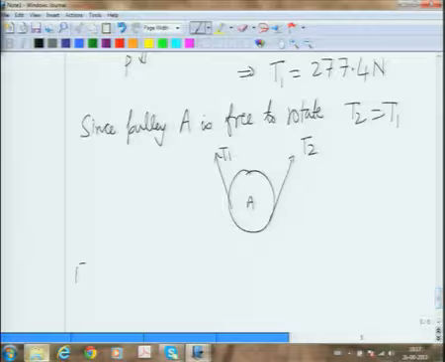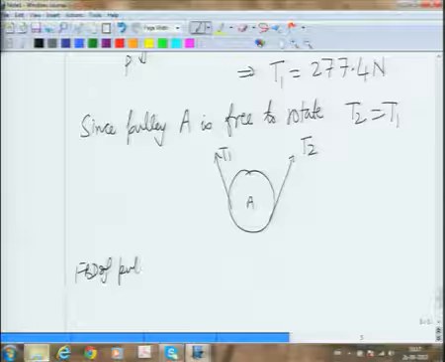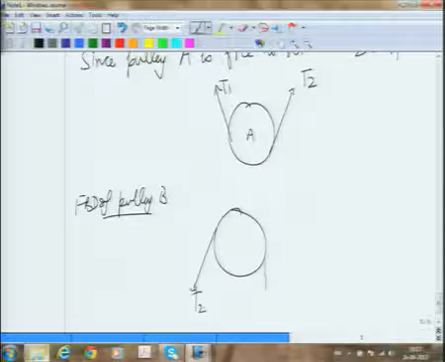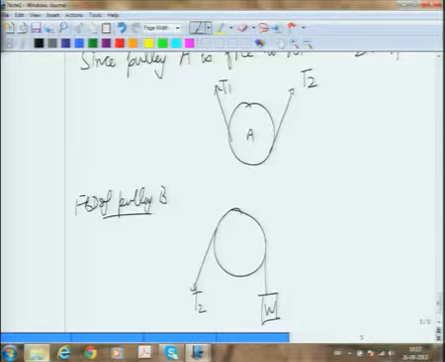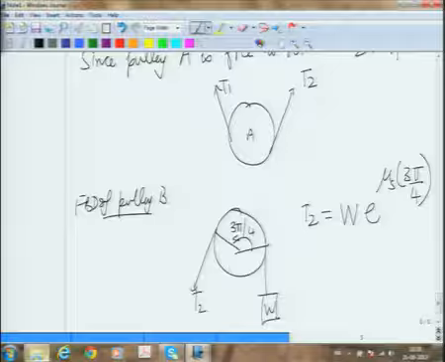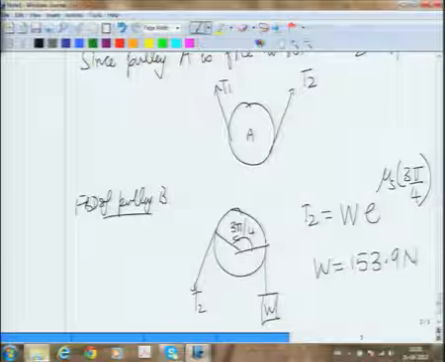Then I draw the free body diagram of pulley B. Once I draw it, I have T2 here, and I have weight W. So T2 is equal to W times e to the power of mu s times 3 pi by 4. Therefore, W is equal to 153.9 newtons.